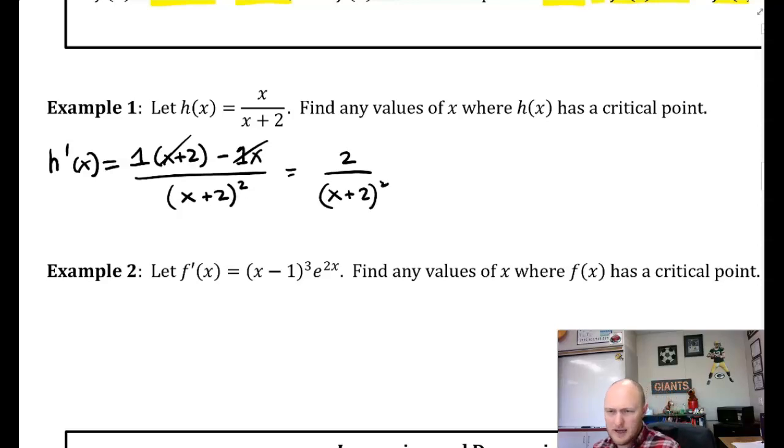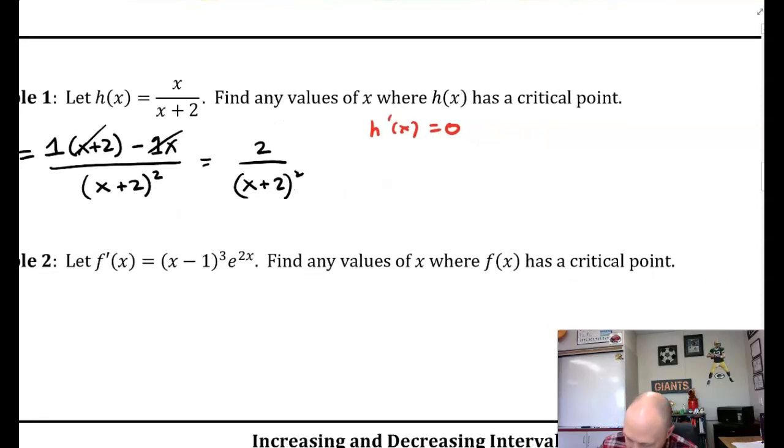Okay? All right, so I want to know two things. Where is this function equal to 0? Where is h prime of x equal to 0? So what I can do is take my function 2 over x plus 2 quantity squared, set that equal to 0.